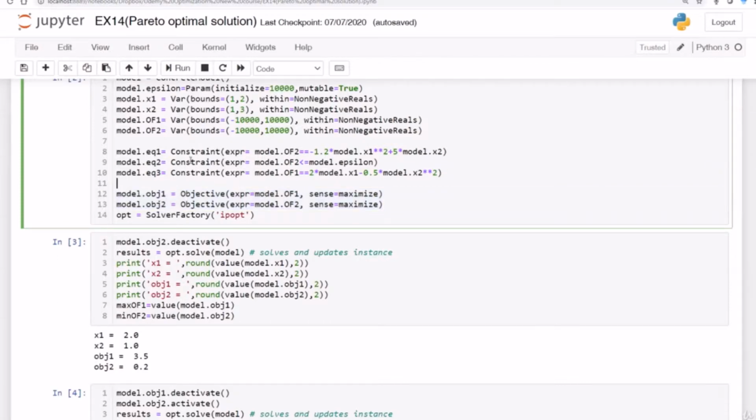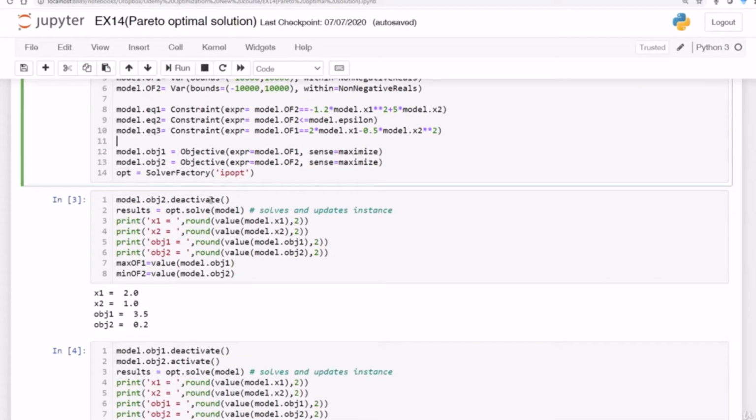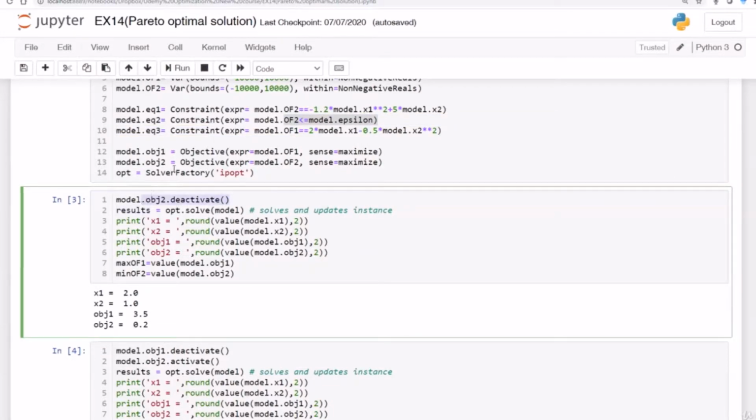That's fine in the definition phase, but when I want to solve that, I have to deactivate one of them. So I put a limit for OF2 and I deactivate objective 2. Pay full attention here, and then I ask Pyomo to solve it.